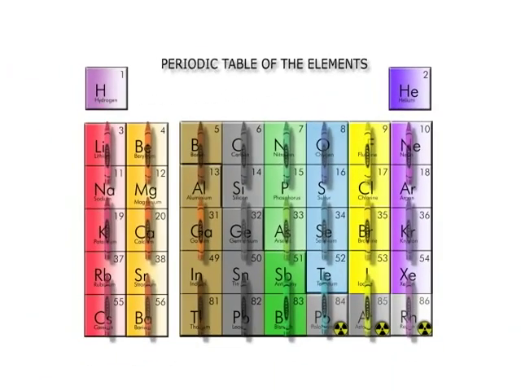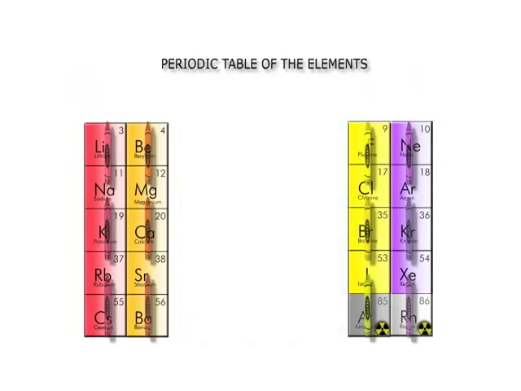The columns end up grouping elements together with similar properties, much like our periodic table of the crayons. And finally, you know that these four columns represent the best examples of how the periodic table groups elements together with similar properties. On the left side, the highly reactive, ferocious alkali metals. And next door, the ferocious but a bit more down-to-earth alkaline earth metals.